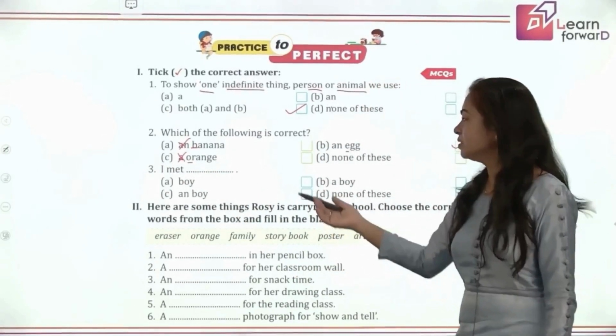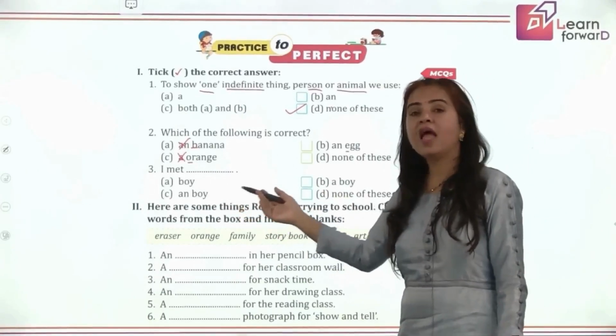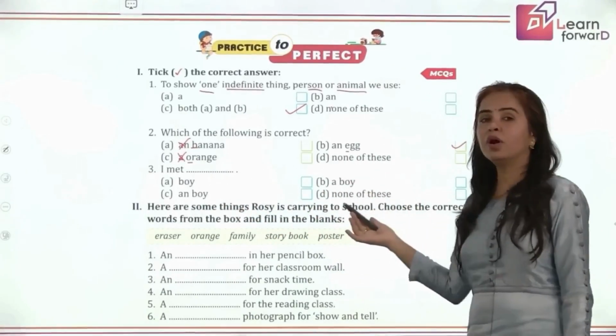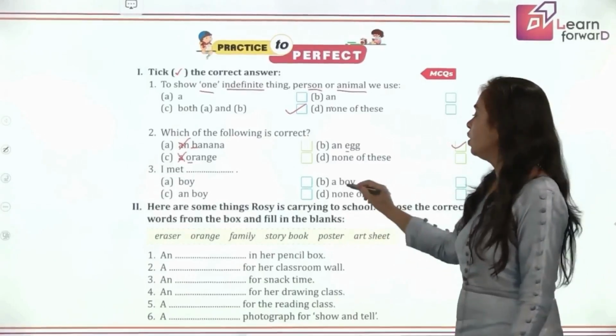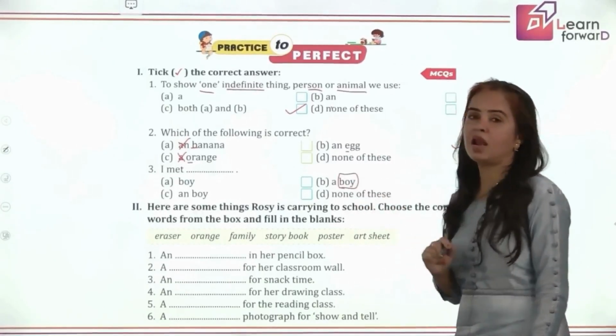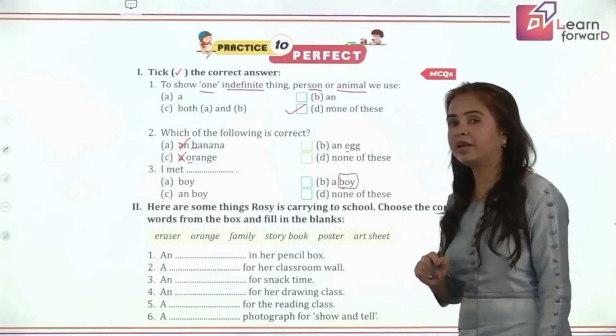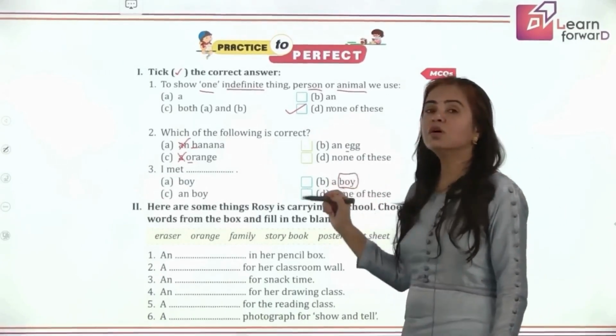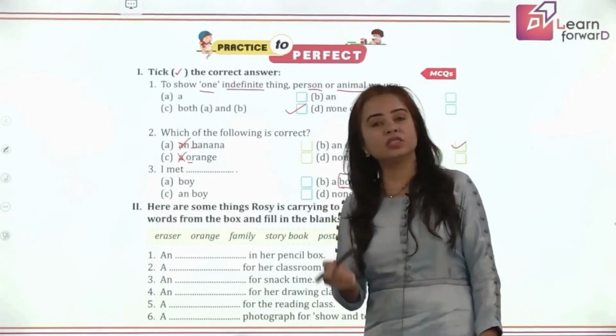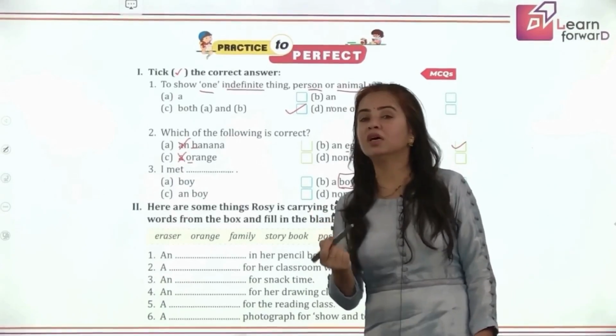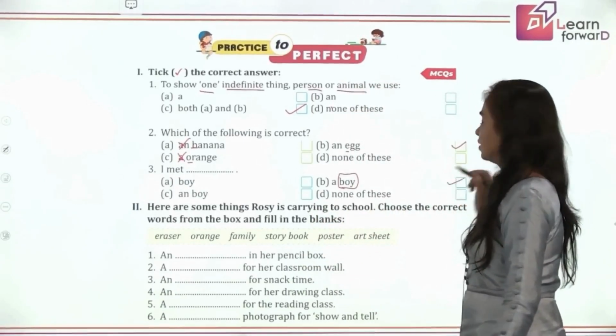Let us complete the sentence. I met dash boy: "an boy" or "a boy"? See here, we are talking about a singular noun that is not sure, not definite, not particular. So, I told you in the beginning, for singular nouns, we will use "a" or "an" always. So this is the correct answer.